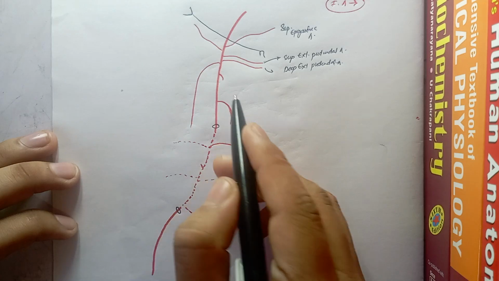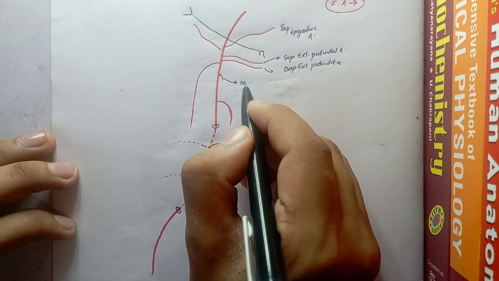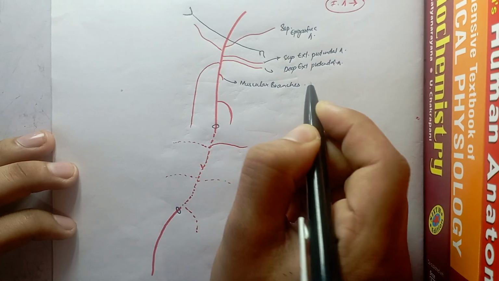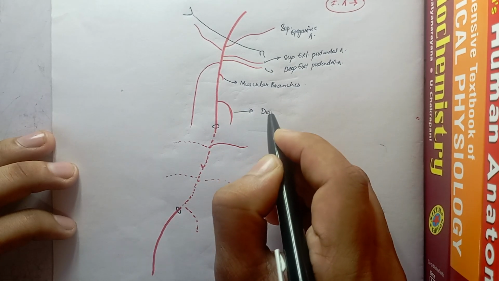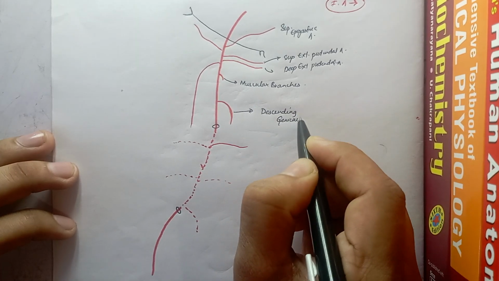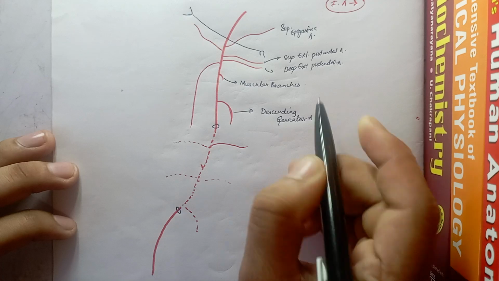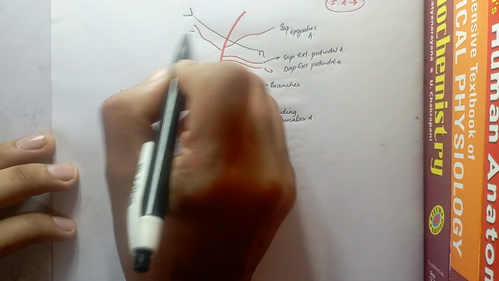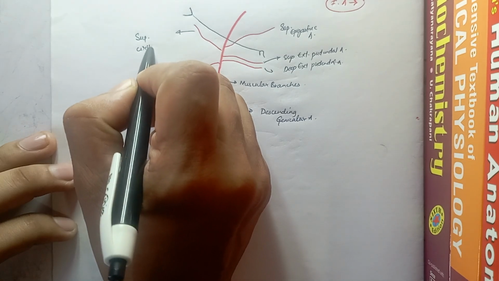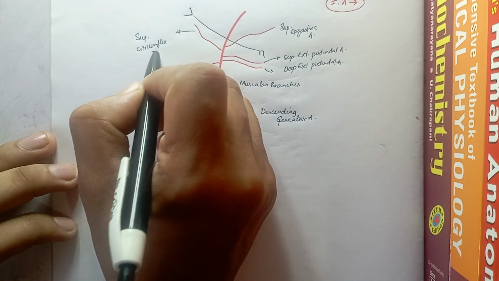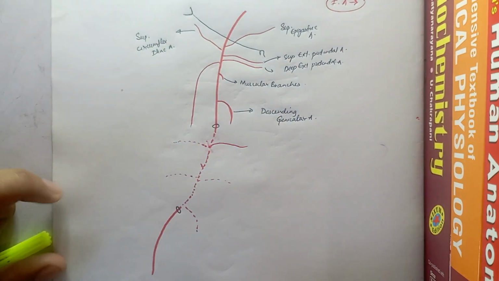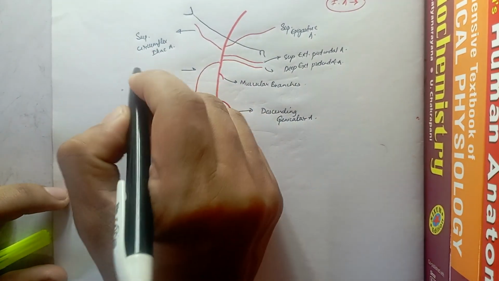Then this will be the muscular branches. This will be the descending genicular artery, and this will be the superficial circumflex iliac artery supplying the skin at the iliac crest. And then this is the main deep branch.